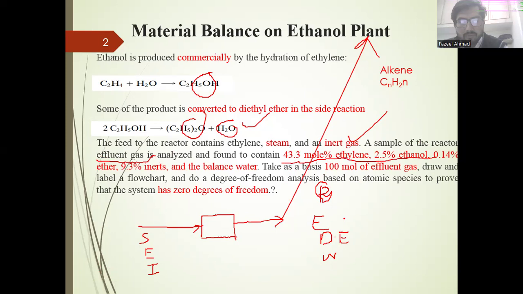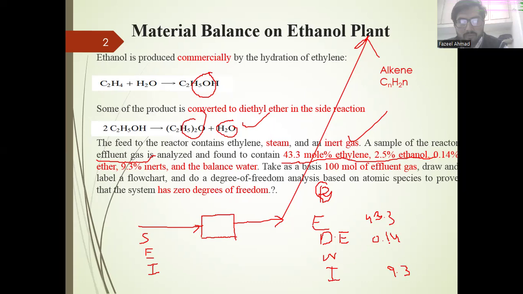The composition of this reactor effluent is given as 43.3 mole percent ethylene. The composition of ethylene, ethanol and ether is given. Ethylene is 43.3, diethyl ether composition is 0.14, and inert composition is 9.3, and the remaining is water.